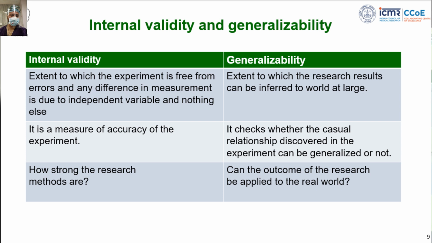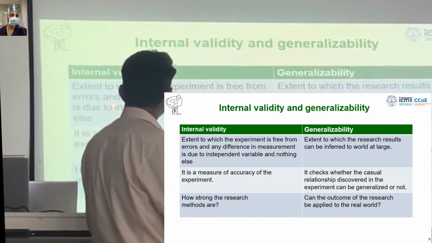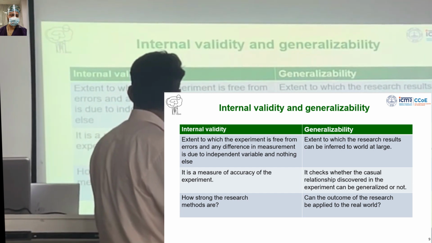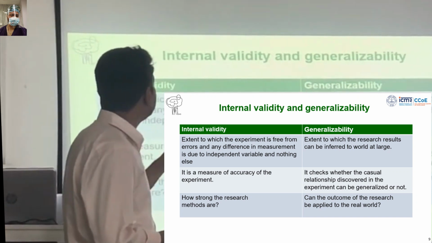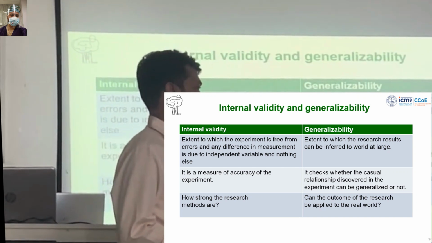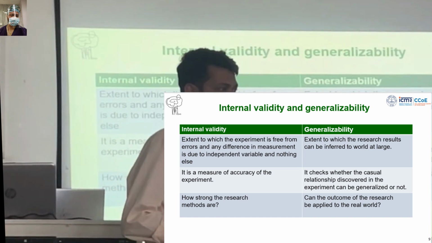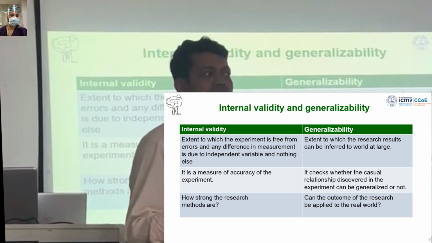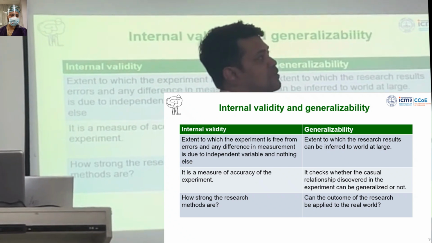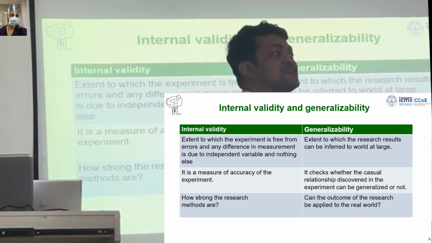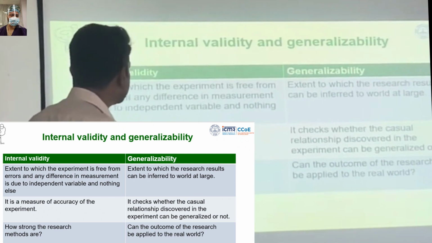It is written in very simple English. Internal validity means the extent to which the experiment is free from errors, so that any difference in measurement is due to the independent variable and nothing else. Internal validity means the internal mechanism or internal quality of the study. So whether or not you have probability sampling, how rigorously you are measuring the data, whether there is measurement error or not, all these things need to be kept in mind when talking about internal validity.